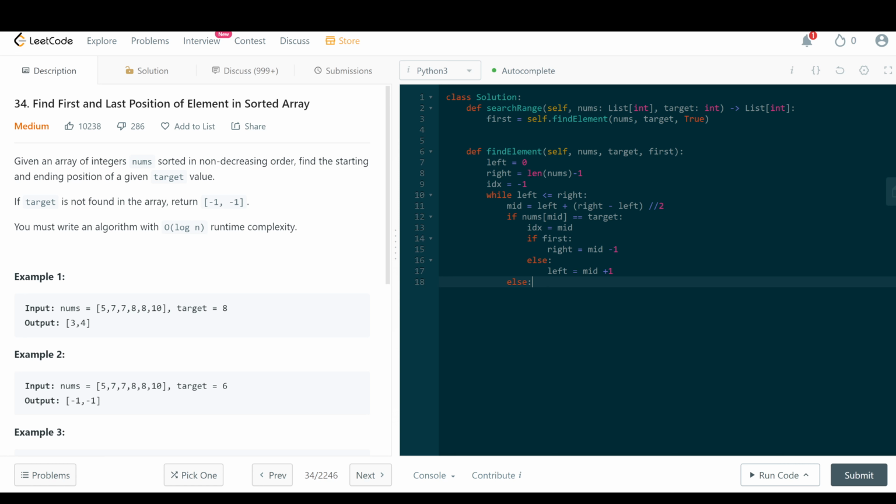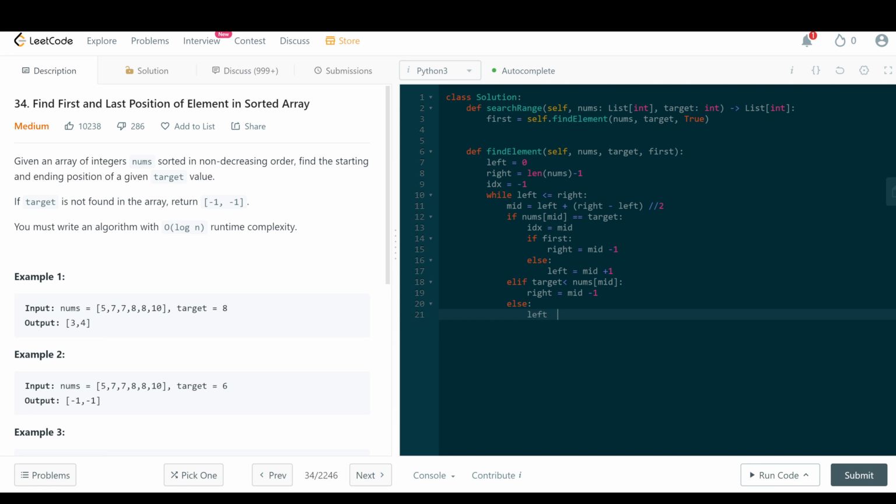Else, if we didn't find the target, then if our target is less than nums of mid, the target should be on the left side of the index, so we can set right equals mid minus 1.